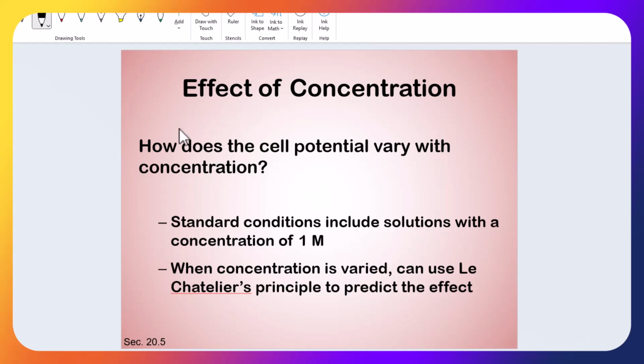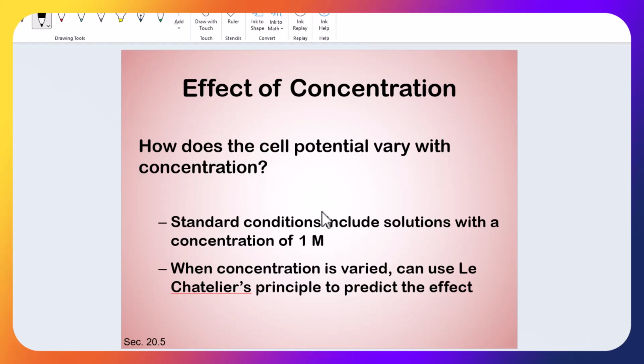All right, effective concentration. How does the cell potential vary with concentration? Standard conditions include solutions, as you know, with 1 molar concentration. When a concentration is varied, we can use Le Chatelier's principle to predict the effect. Now, here's the deal. If the reaction is running forward, then E of the cell is stable, and if you can cause it to run even more forward, you might increase the cell potential.